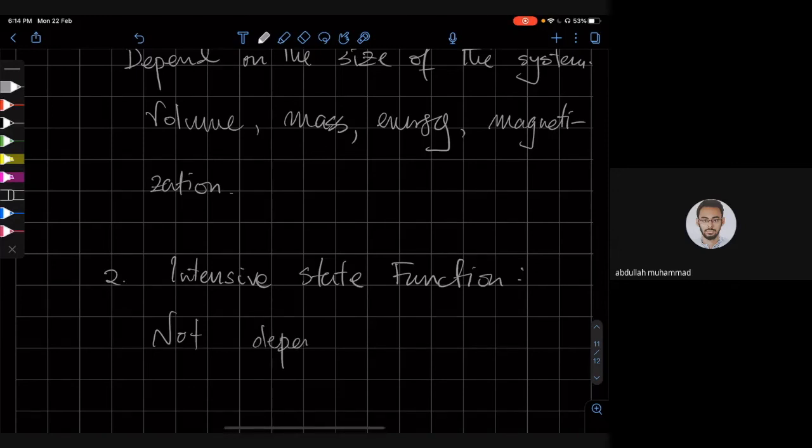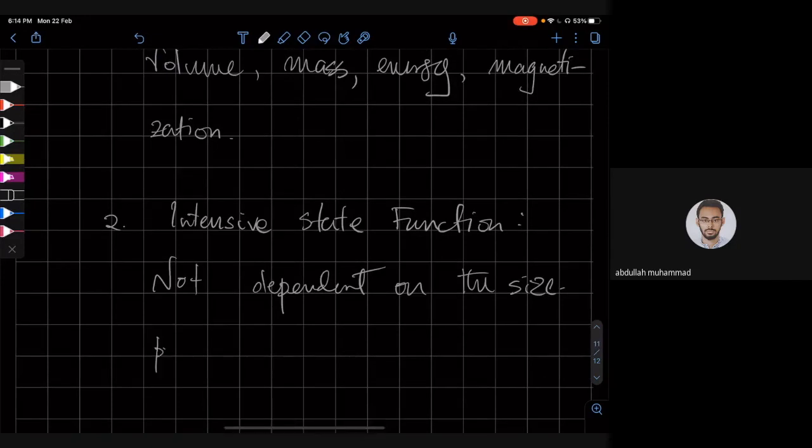For example, pressure, temperature, density of the fluid, energy density.